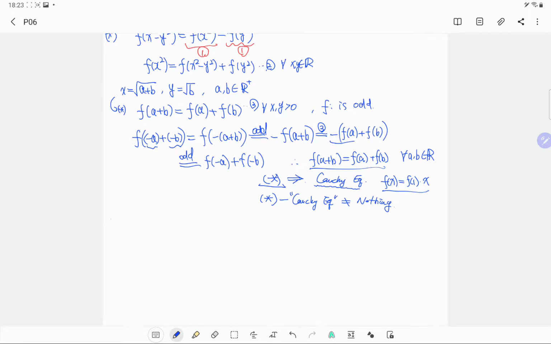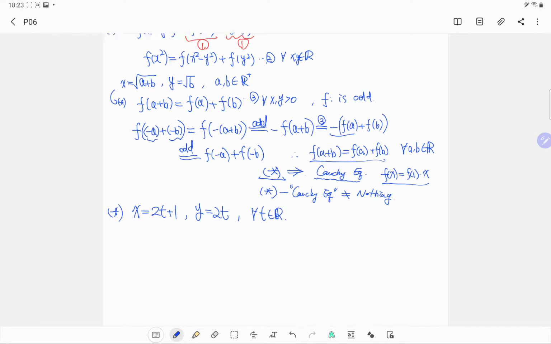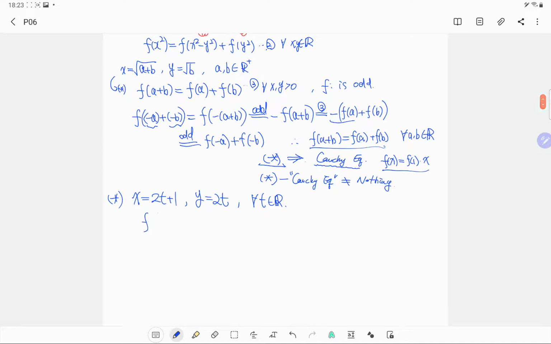So from the original equation, we can substitute x to be 2t plus 1, and then y by 2t, for all t a real number. So in this case, we have f of (2t plus 1) squared minus (2t) squared equals (2t plus 1) times f of (2t plus 1) minus 2t times f of 2t.